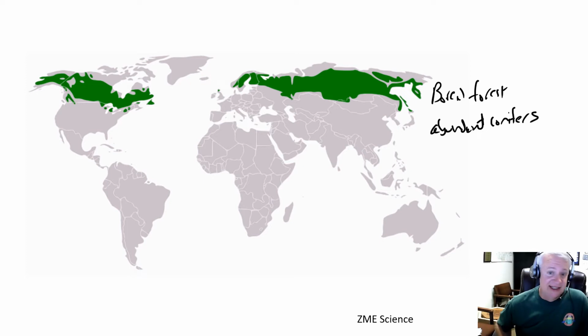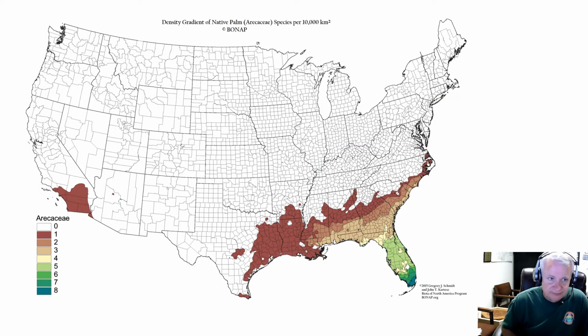But I think it's likely that the greater resistance to freeze-thaw cavitation of small tracheids, or small volume tracheids, is probably one factor that explains that distribution. Here's another example of a distribution. This is the distribution of palms in the United States, and palms do not occur very far north.